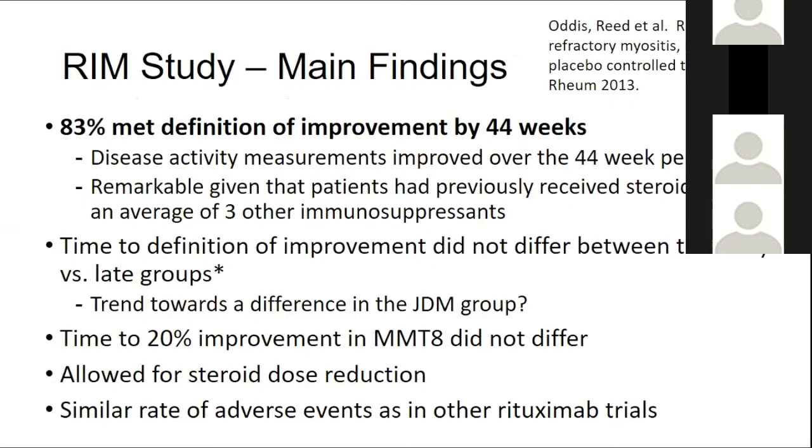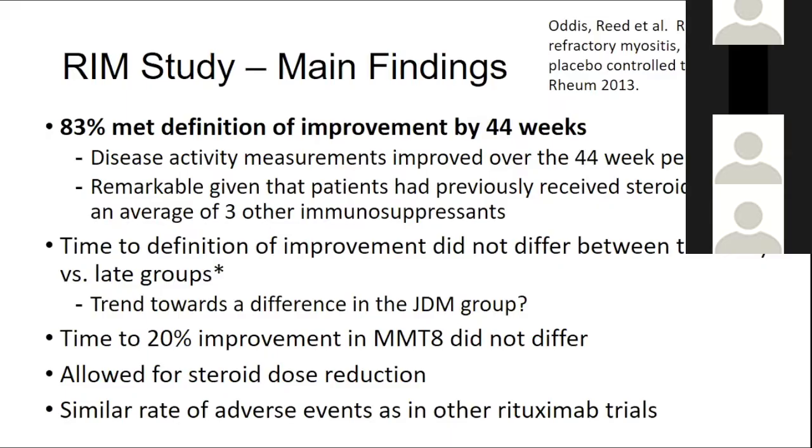receiving Rituximab. However, the RIM study is thought to be a negative study, meaning that they did not meet the endpoints of the study. And the reason is because both groups improved, and there wasn't a difference between the patients who got the medications first versus the patients who got the medicines later.